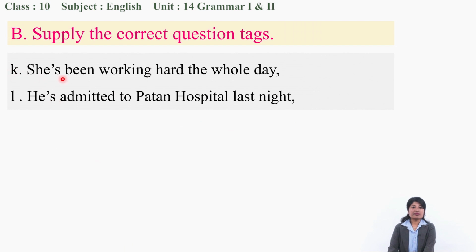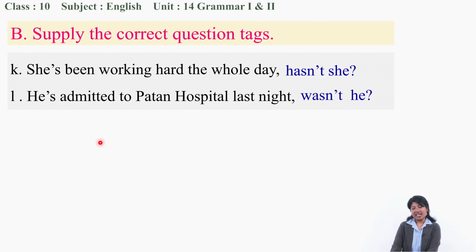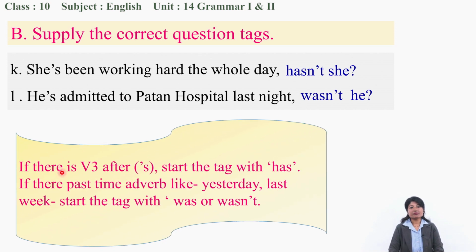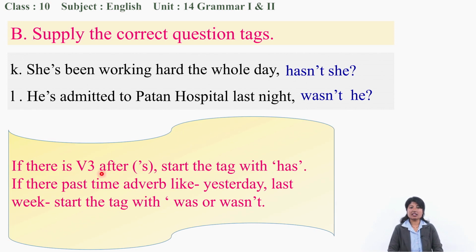Similarly, K: she has been working hard the whole day. What will be the tag? Hasn't she? He was admitted to Pathan Hospital last night. So, wasn't he? What we can discuss over here is, if there is verb 3, the third form of the verb, after apostrophe s, start the tag with has.